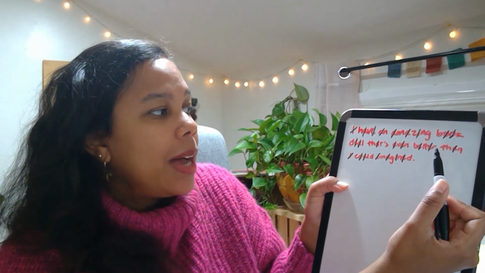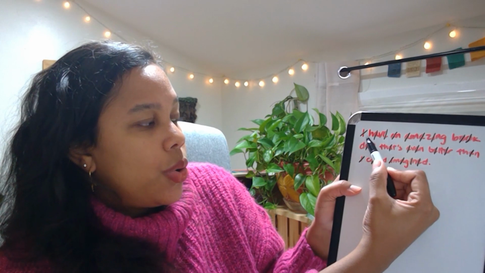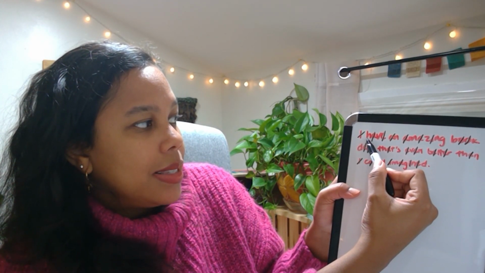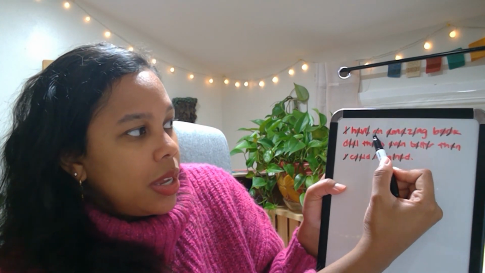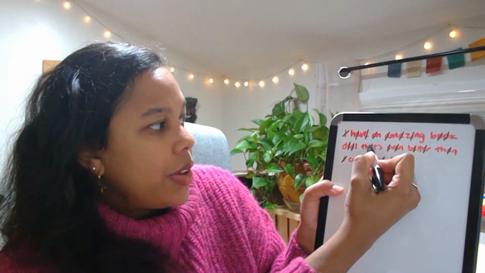And then I'm going to look for letters that repeat. So the next consonant is H, and I'm going to look to see if I have another H. Oh, I do.